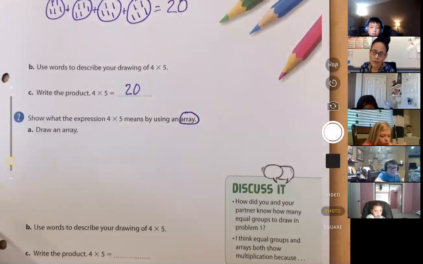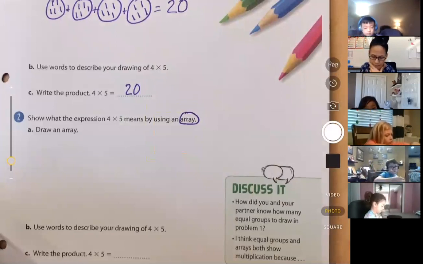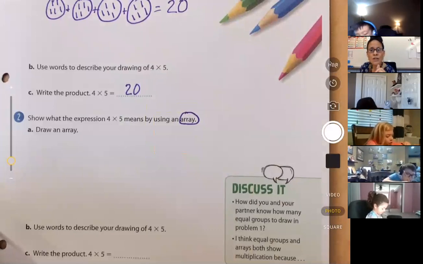What is an array? An array is an arrangement of rows and columns, and it matches the multiplication equation you are trying to solve.